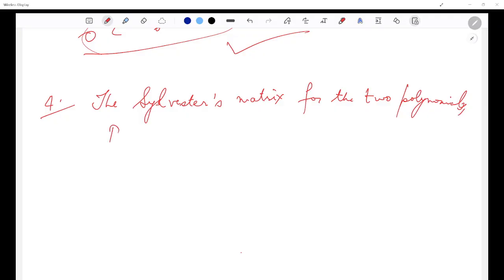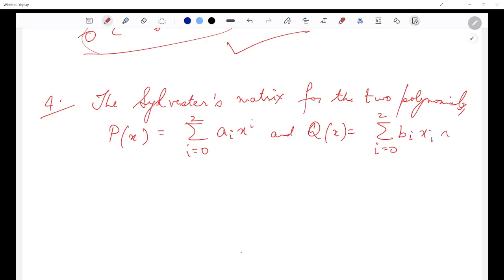P(x) is the sum for i equal to 0 to 2 of a_i x^i, and Q(x) is the sum for i equal to 0 to 2 of b_i x^i. What is the Sylvester matrix? This is all we want to know.